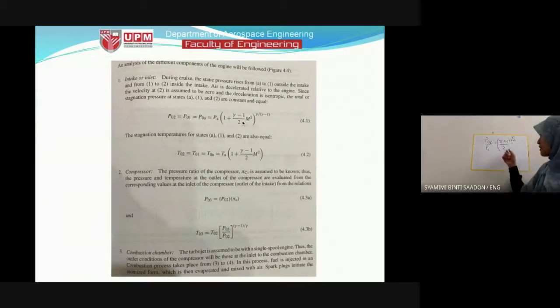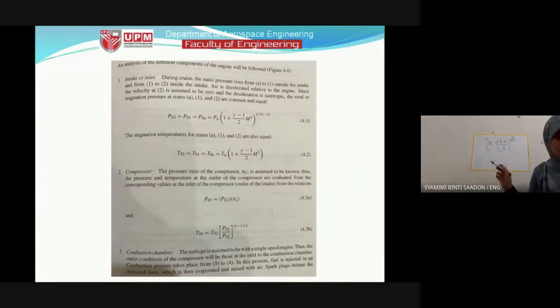So we have gamma plus 1 over 2, to the power of gamma over gamma minus 1. This is how the equation is derived. It holds only at the critical point, because there the Mach number equals 1. So we want to search for PC, the critical pressure, to prove that the nozzle is choked.